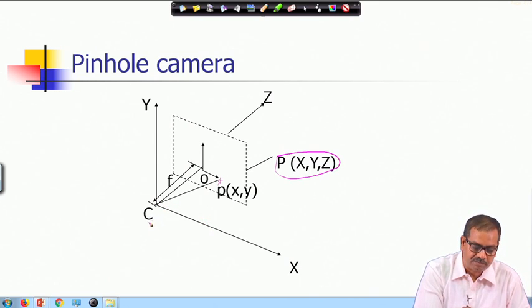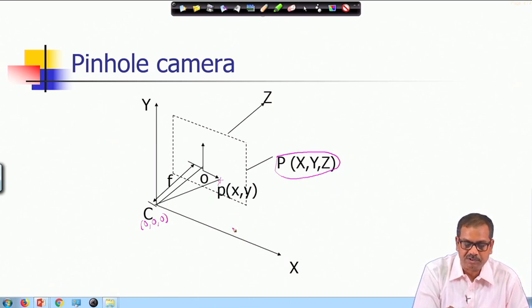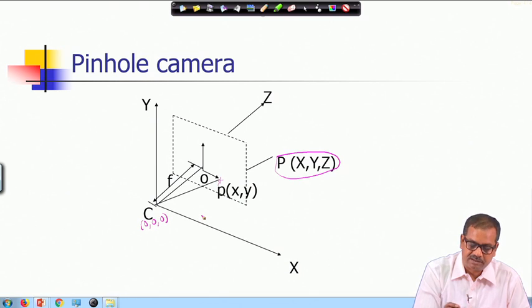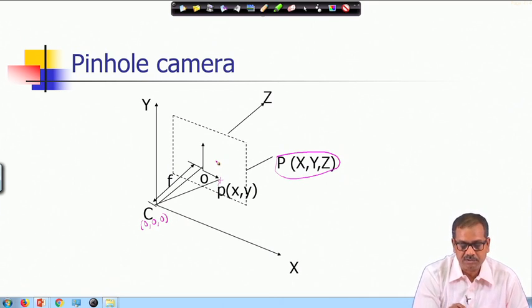So, let us consider the center of projection, or the camera center, as the origin of this coordinate system. The x axis and y axis of that three-dimensional coordinate system are parallel to the coordinate convention followed in the image plane.